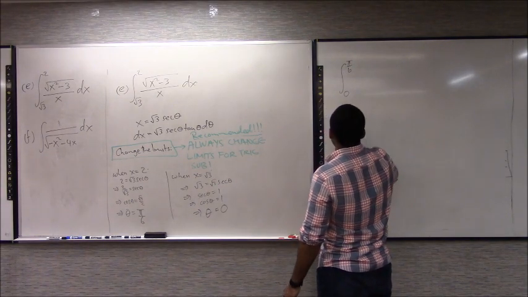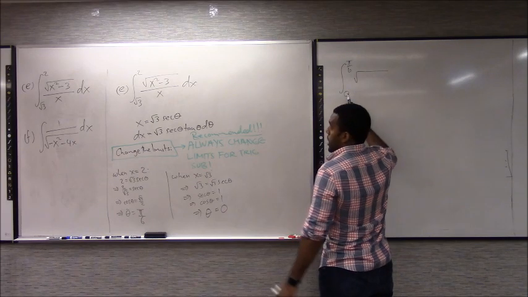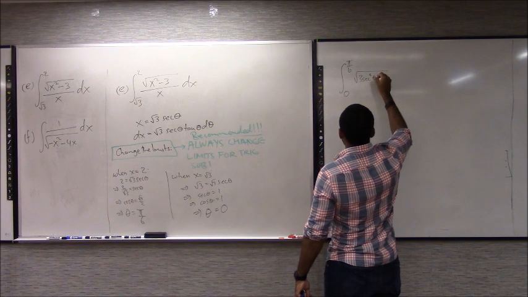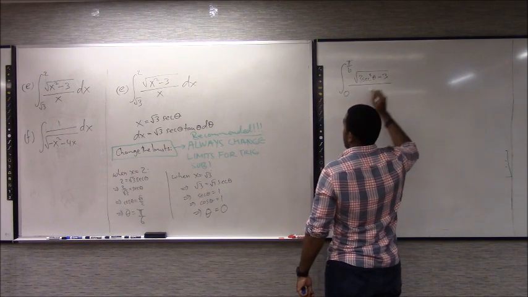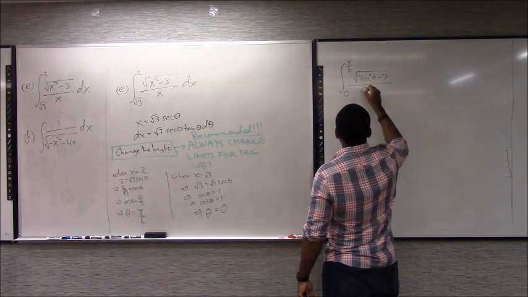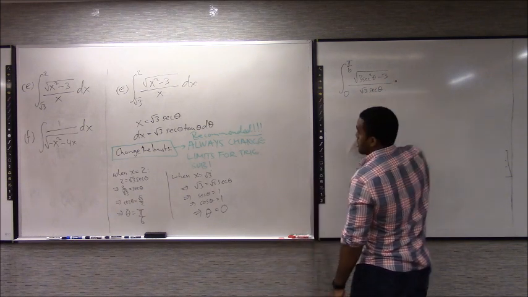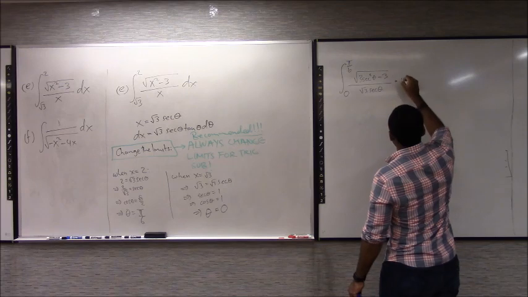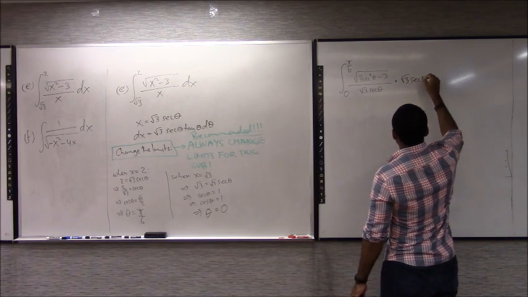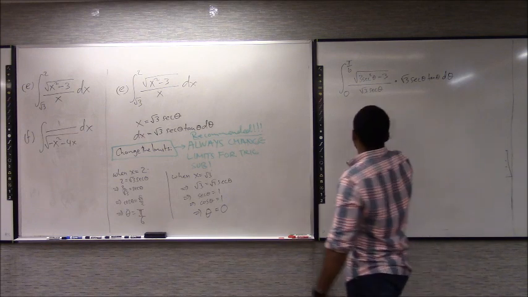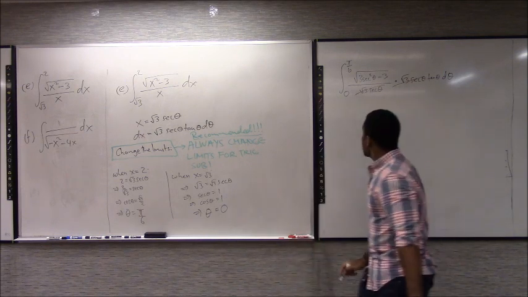Now I'm going to plug these in. My x was radical 3 secant, so this is 3 secant squared minus 3 over x, which is radical 3 secant, times the dx, which is radical 3 secant theta tangent theta d theta. This all cancels with that.